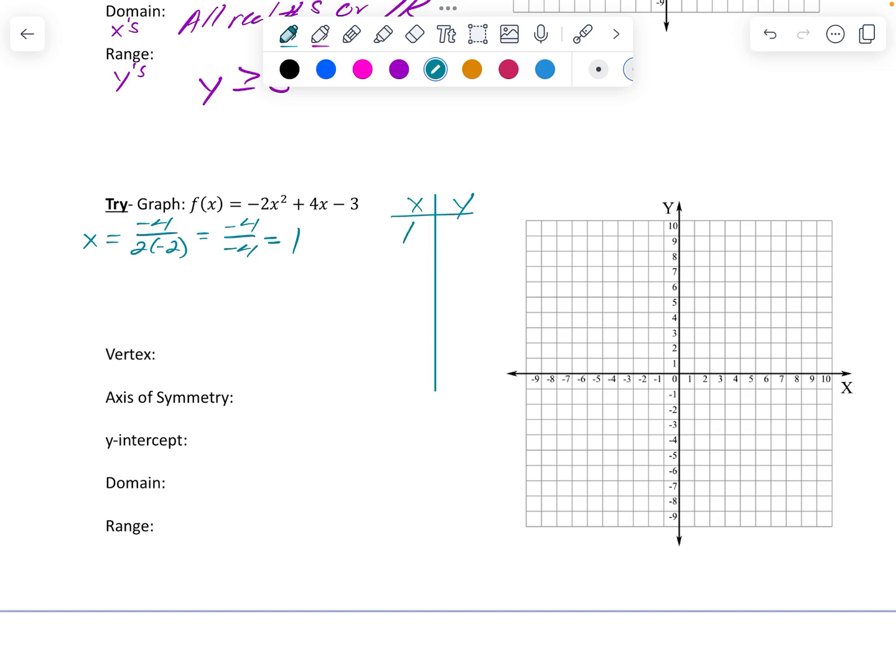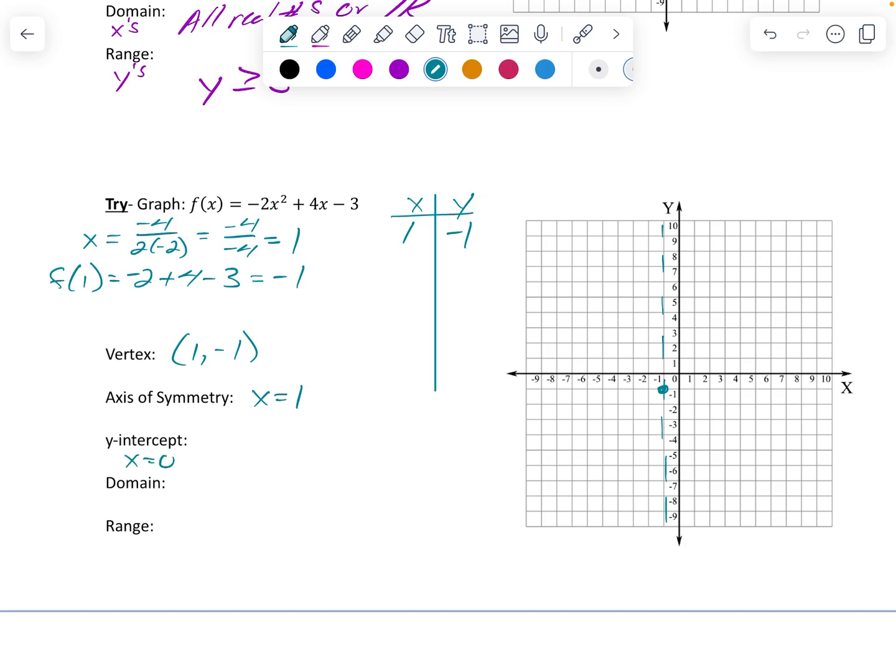So 1, f of 1 is going to be -2 times 1 plus 4 times 1 minus 3, which is going to give me -1. So 1, -1 is my vertex. 1, -1. My axis of symmetry is x equals 1. I'm going to draw that in so that we can remember our symmetry.